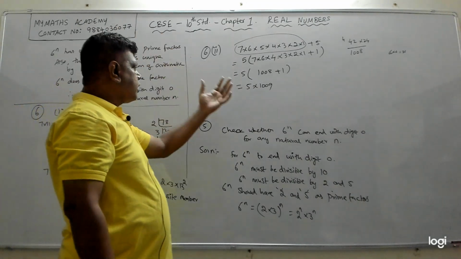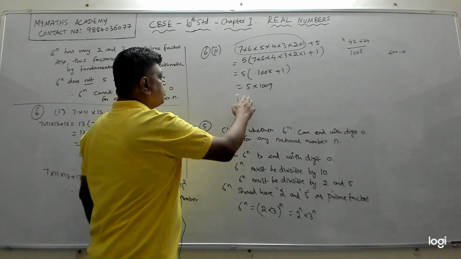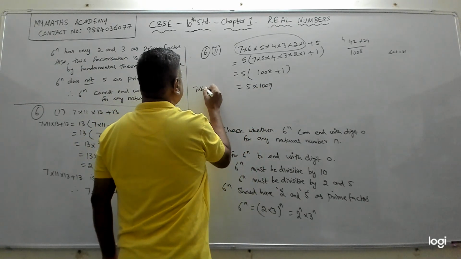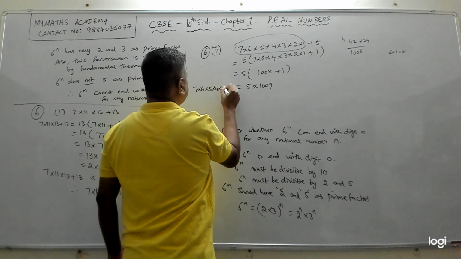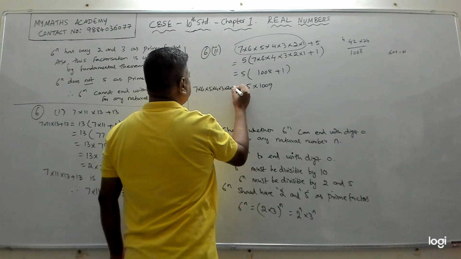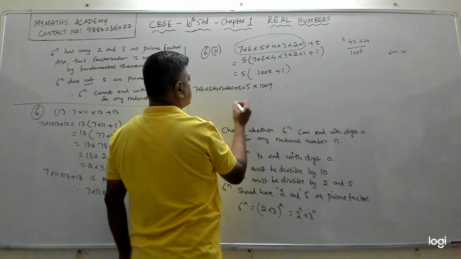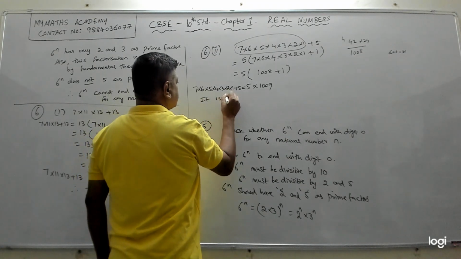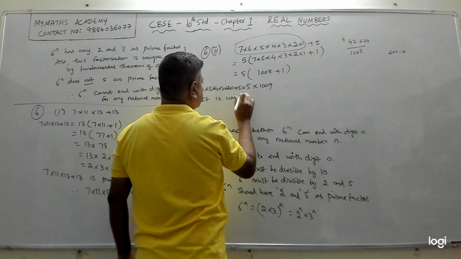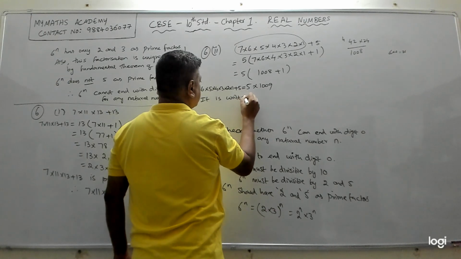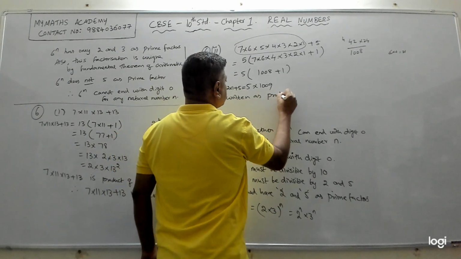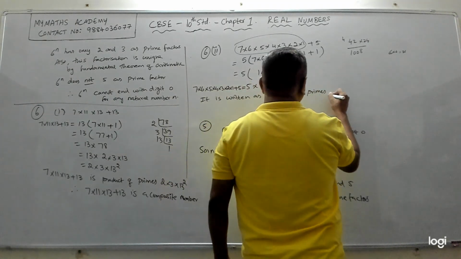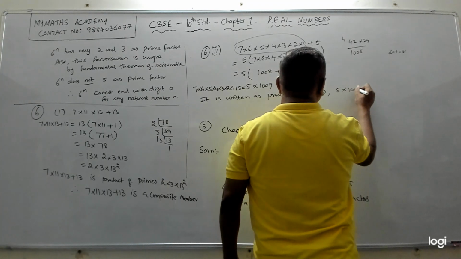I guess 1009 is a prime number. So the given number, 7 into 6 into 5 into 4 into 3 into 2 into 1 plus 5, is equal to 5 into 1009. So it is written as a product of primes, that is 5 into 1009.